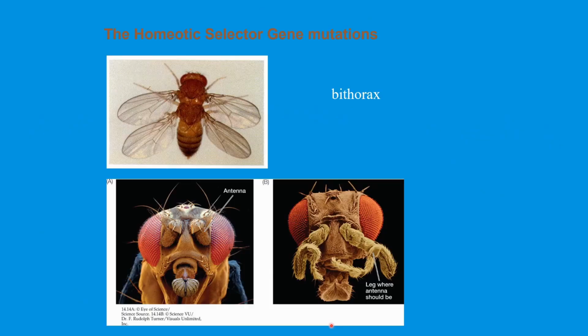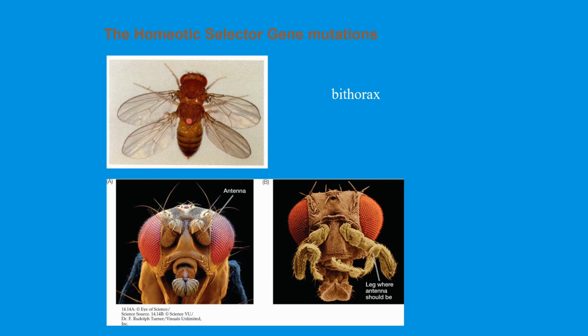This is just an image of the homeotic homeobox genes in flies that were first identified. This one was called bithorax, the bithorax complex, and that's because you had this fly that gave rise to a duplication of the thoracic region of the animal, giving rise to two thoraxes and two sets of wings.